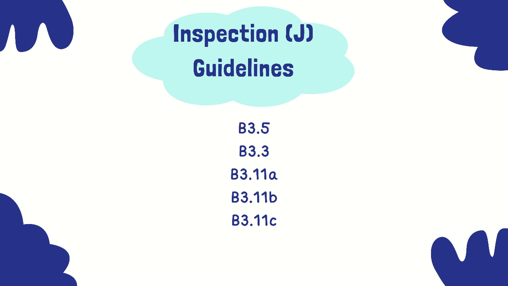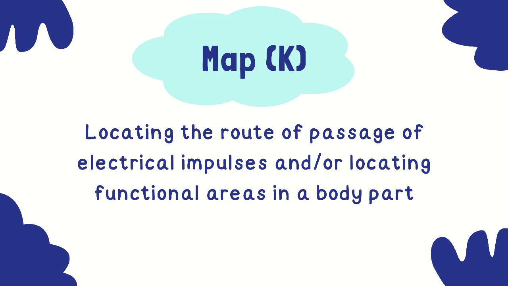All right, we're almost done. On to map. So, root operation K, and I don't know if I said this, but inspection is the letter J. Map is locating the route of passage of electrical impulses and/or locating functional areas in a body part.